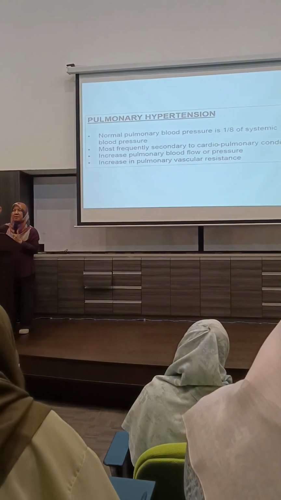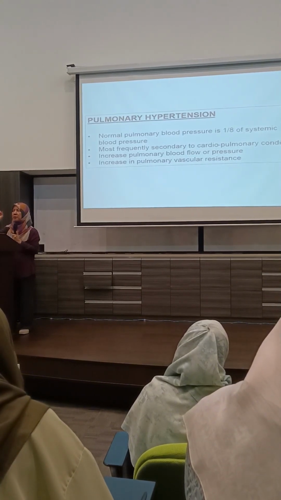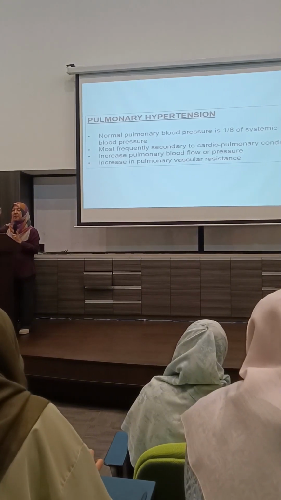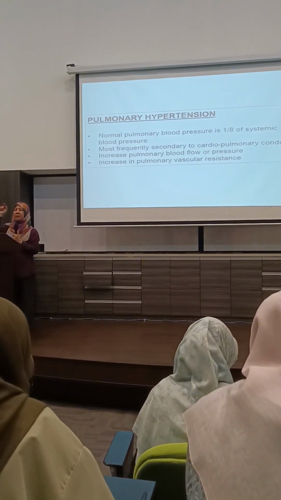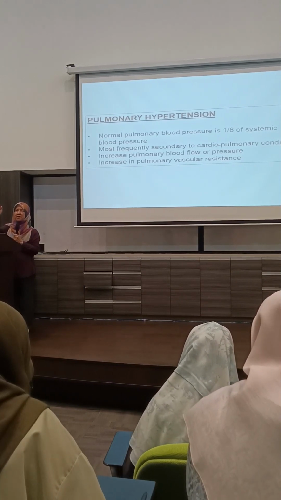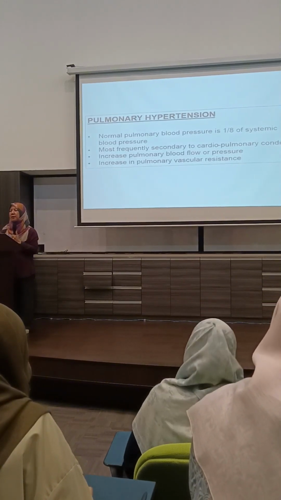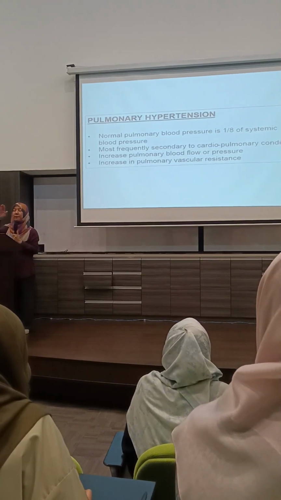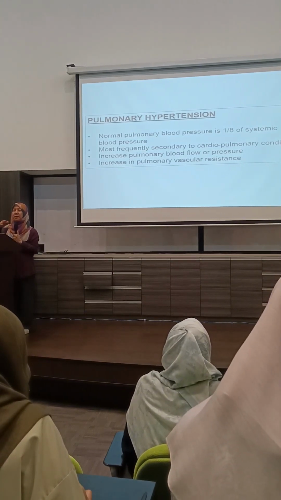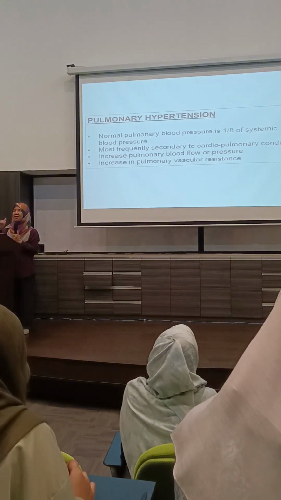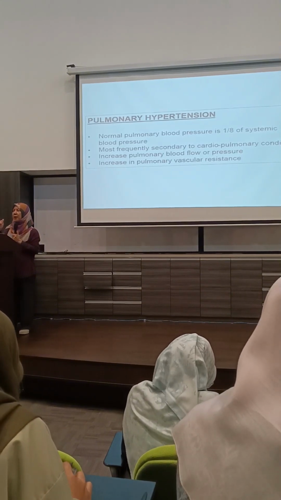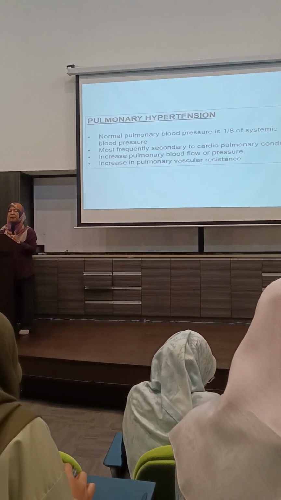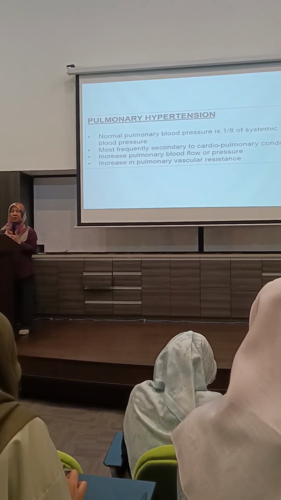Maybe some vessels in the lung are fibrosed due to certain conditions. So the other conditions that we have done in interstitial diseases will all cause pulmonary hypertension because they create problems in the interstitial, creating increased tension in the blood vessels. So you get increased pressure in your pulmonary vessels.